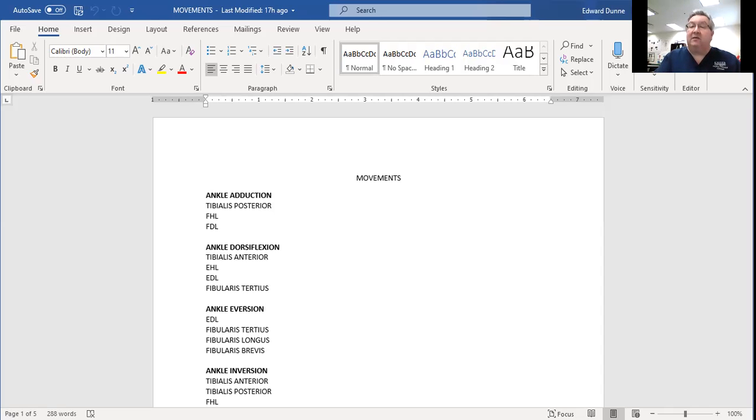Remember, the characteristics of inflammation are redness, heat, pain, and swelling. Those are the four characteristics. And because of those characteristics, there is a fifth characteristic, which is a decrease in range of motion.